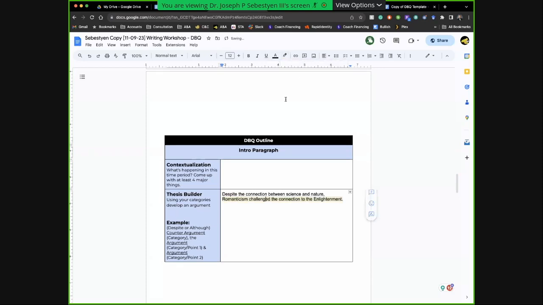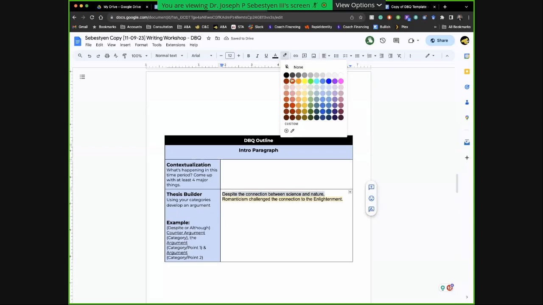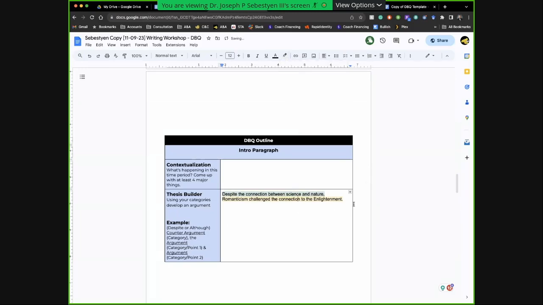Are you guys with me? Yeah. Could you also start with, how would you write it with "although the connection between science and nature"? Good.